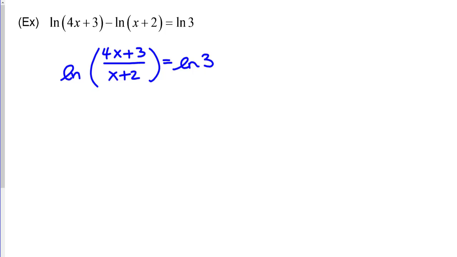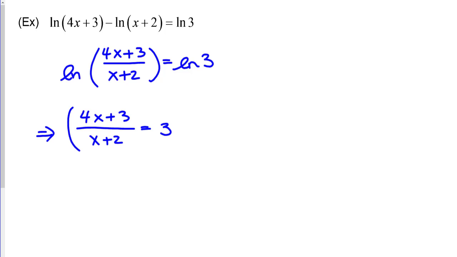Once I do that, I now have two logarithms of the same base, and I can drop those logarithms. So this tells me that (4x plus 3) divided by (x plus 2) is equal to 3.